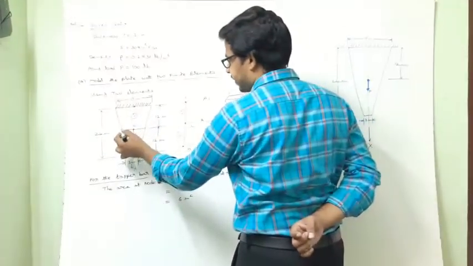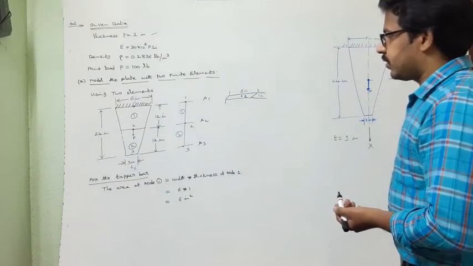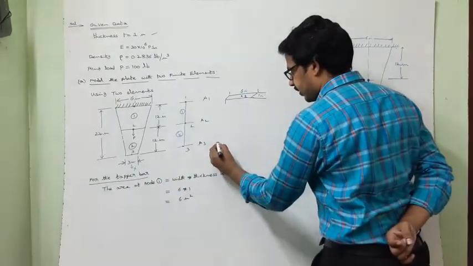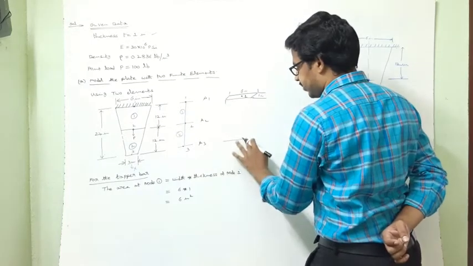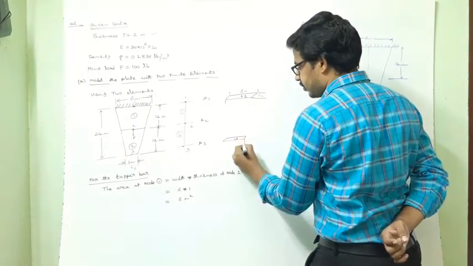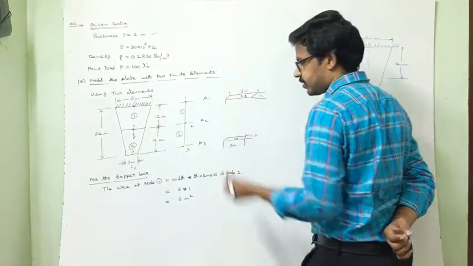Here in this taper section, we did not calculate the node 2 area directly. Coming to the third node, this is the 3 inch and this is the 1 inch.